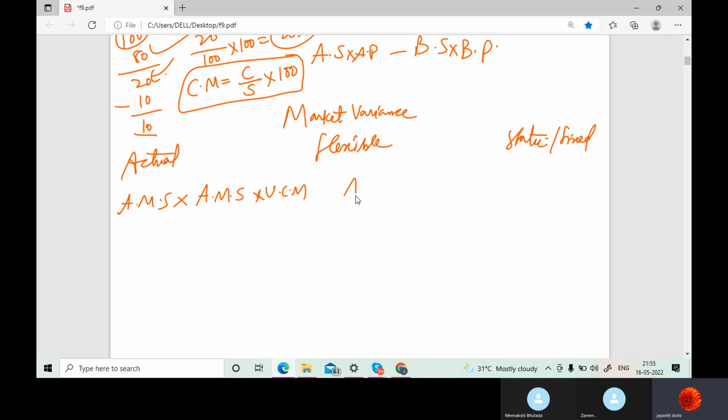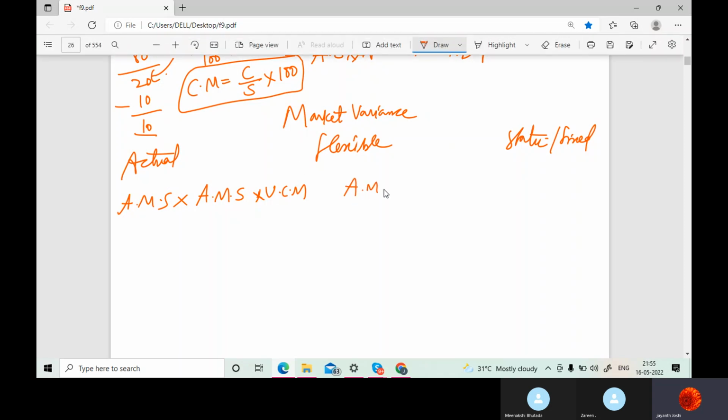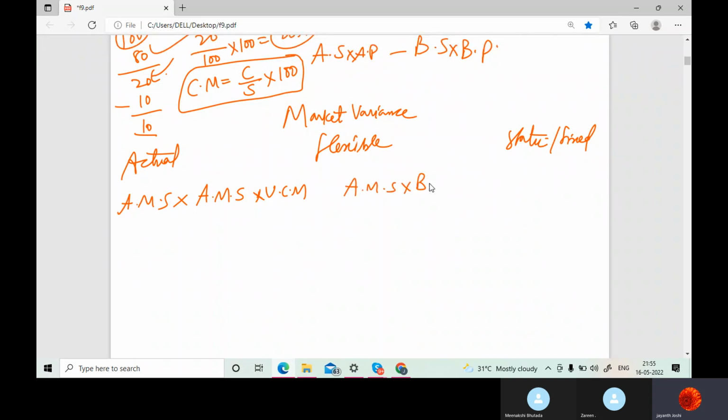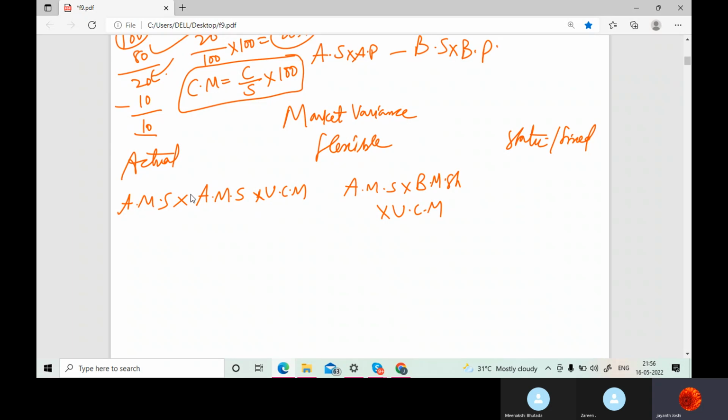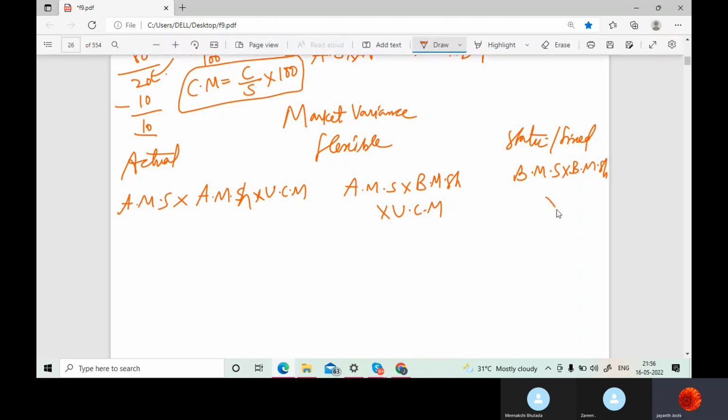So now again, actual market size into budgeted market share into unit contribution margin. Again here, actual market size, actual market share, SH is share, budgeted market size, budgeted market share, unit contribution.